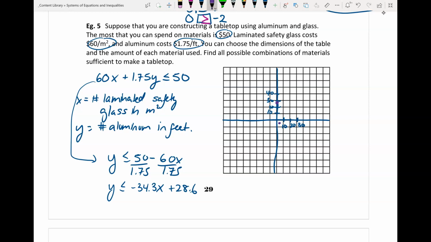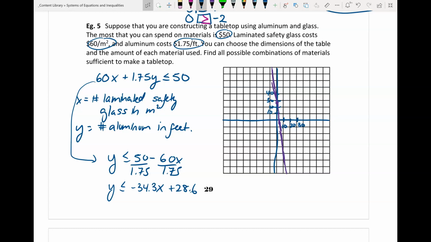And we are going to use a solid line. Again, this is just going to be approximate because of those decimals, and that's fine. And then we're going to shade in the region where our inequality is satisfied.